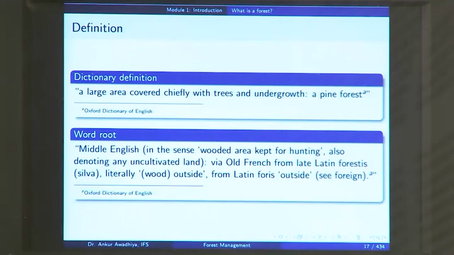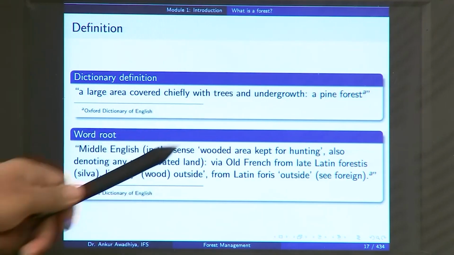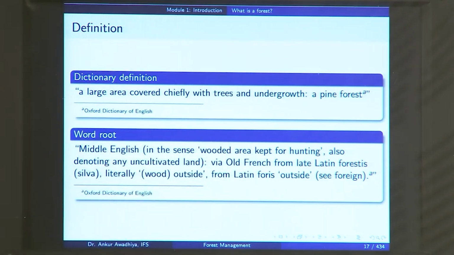Any area that was cleared of the woods and converted into cities or villages was where people lived, and anything outside, left uncultivated and only having trees, was a forest. So, you have a large area that is covered chiefly with trees and undergrowth, typically outside of your residential limits.